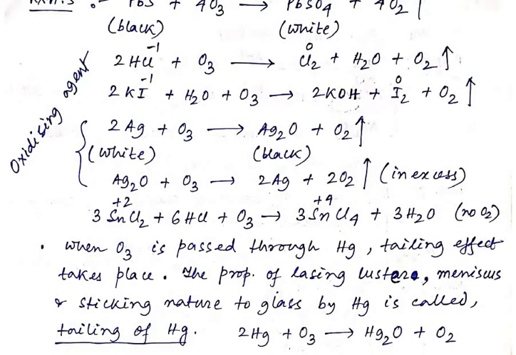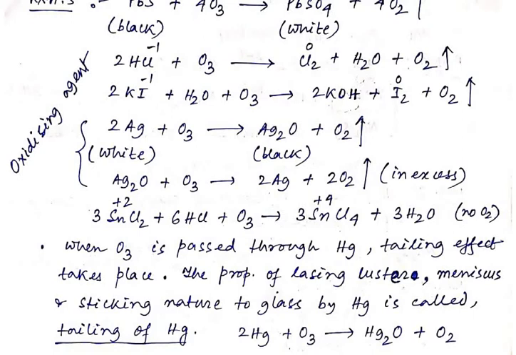And then after Ag2O is formed, if I again pass ozone gas in excess amount, the silver oxide reacts with ozone and ultimately converts back to silver along with the liberation of oxygen gas.